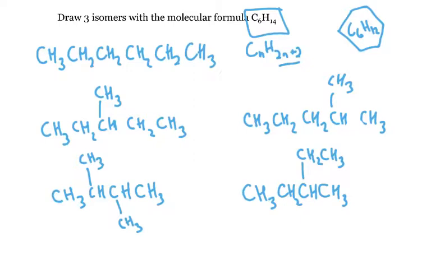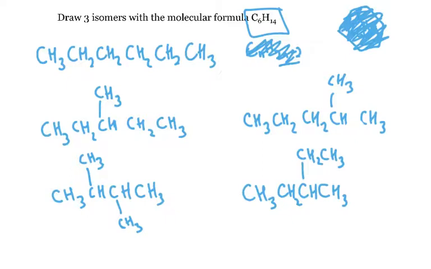So straight chain alkanes cannot be isomers with cycloalkanes or with alkenes for that matter. So that's sort of a tip for you. If what you're given is the formula for a straight chain alkane, then all of the alkanes you make will have to be straight or branched chains. You can't make any isomers that are in a cyclic form or that have a double bond.